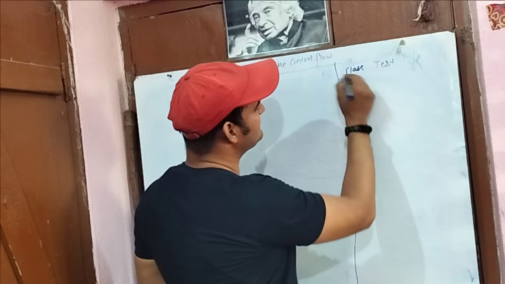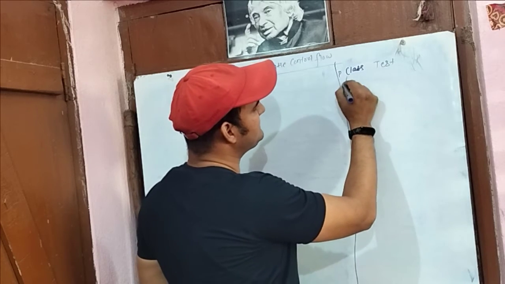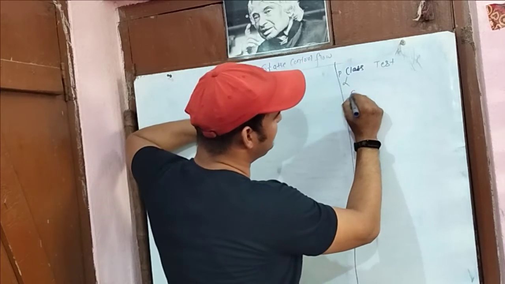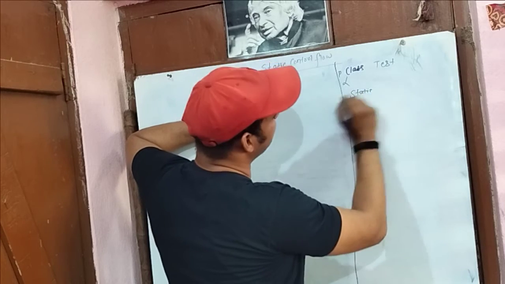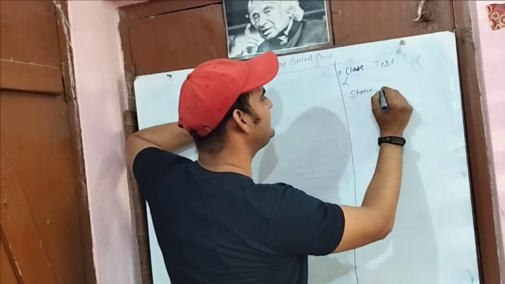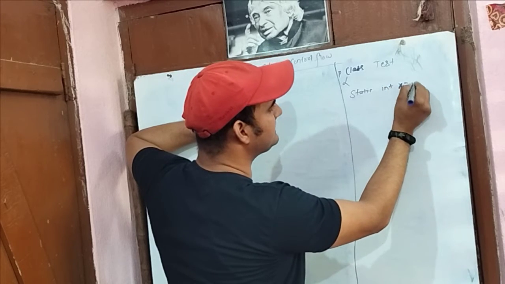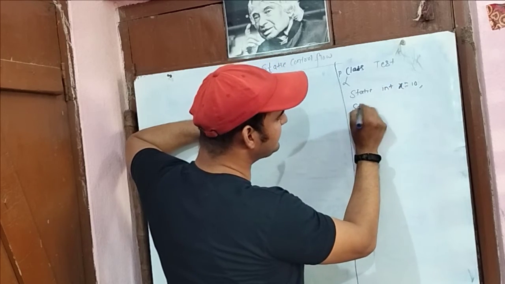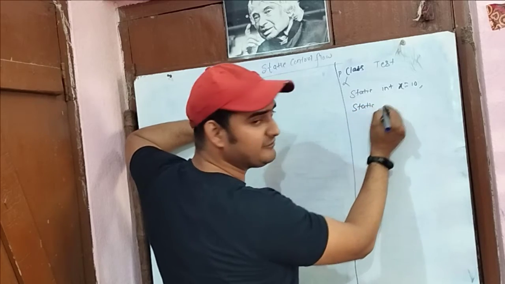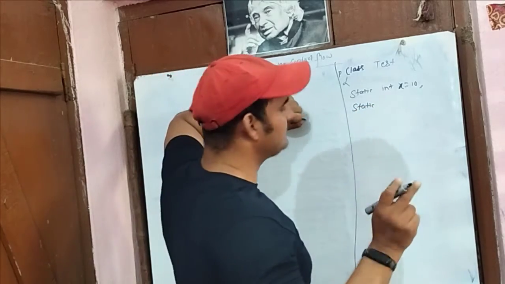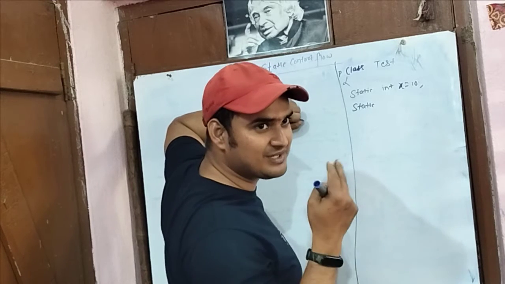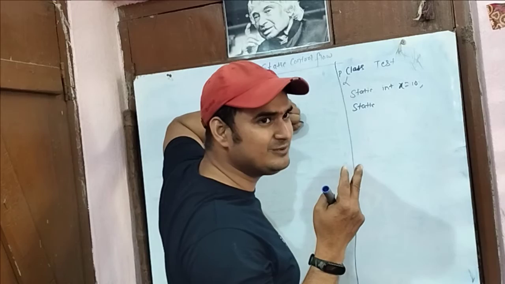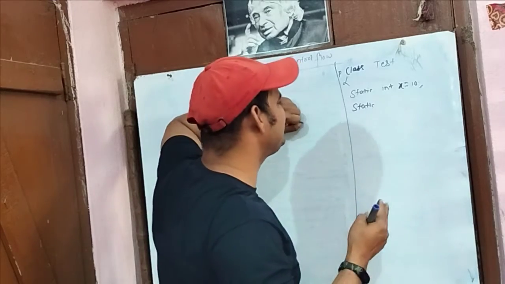Inside this class, let's suppose I have defined a static variable, static int x = 10, and a static block. You all know we have the static block, instance block, and synchronized block. These are the only few blocks possible: static, instance, and synchronized.